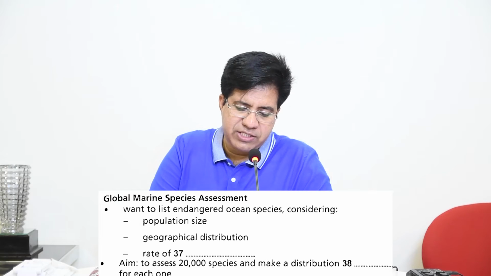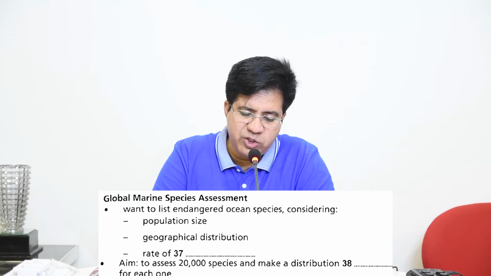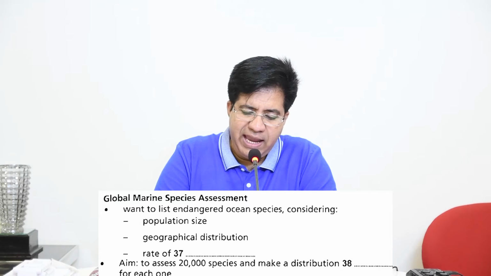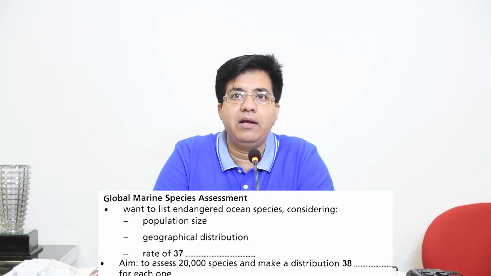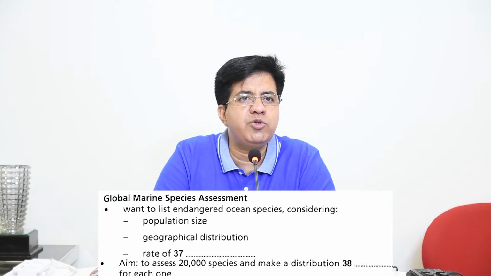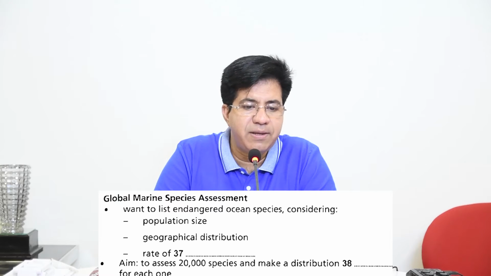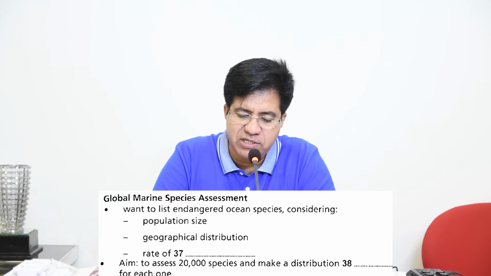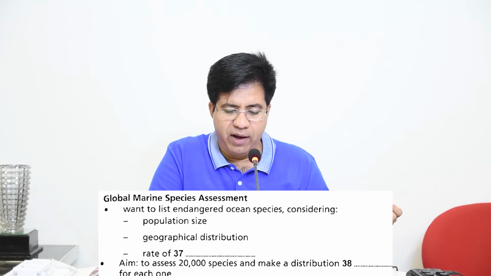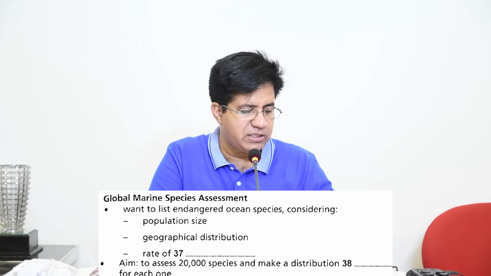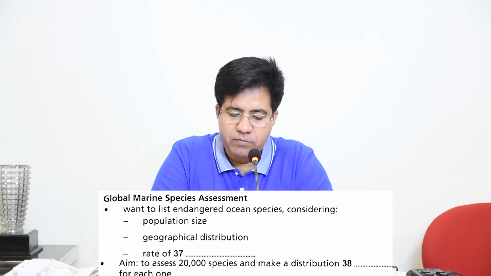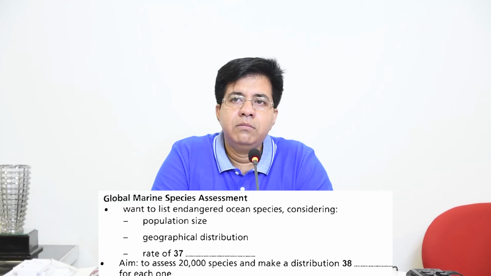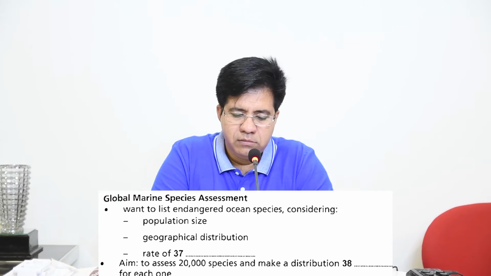Question number 38. Aim to assess 20,000 species and make a distribution dash for each one. For example, make a distribution chart. Something like that. Each one means species. So far, only 1,500 species have been assessed, but they want to increase this figure to 20,000.